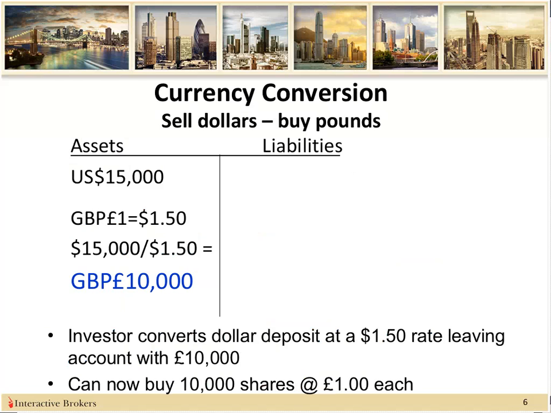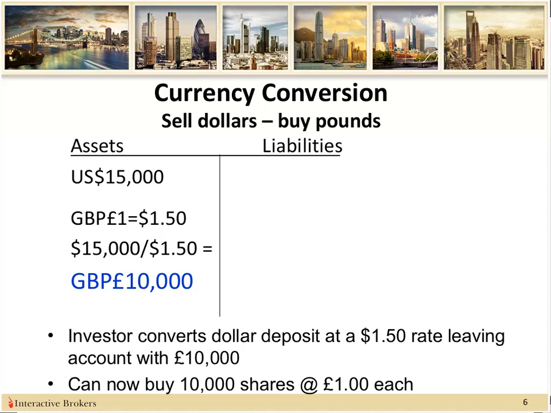To illustrate the process of currency conversion, let's assume that an investor holds the sum of $15,000 US in an Interactive Brokers account. The investor decides to buy 10,000 shares in a British company, UK ABC Corporation, trading on the London Stock Exchange at £1 each.